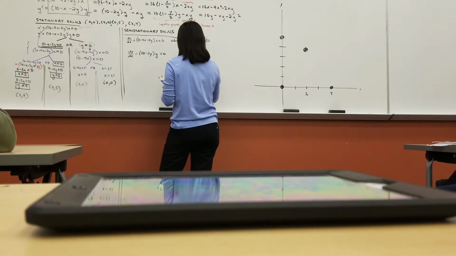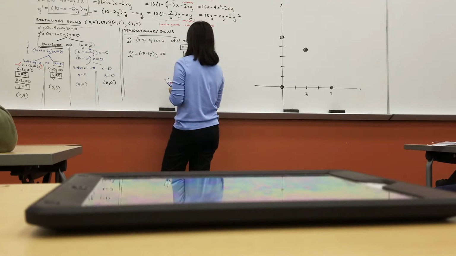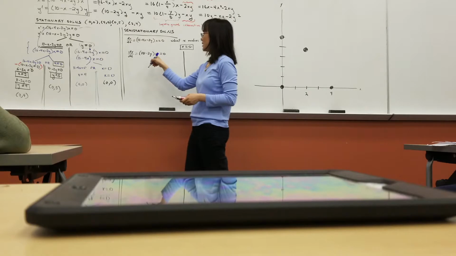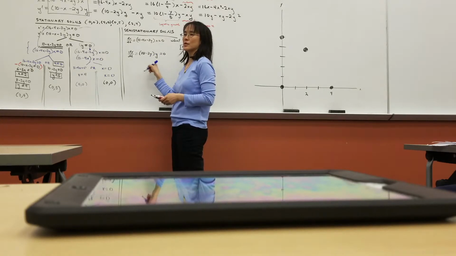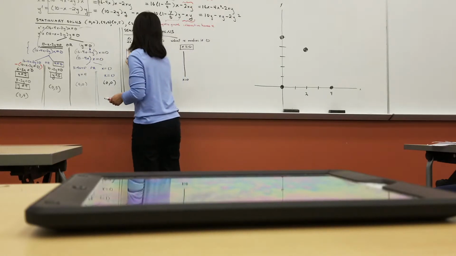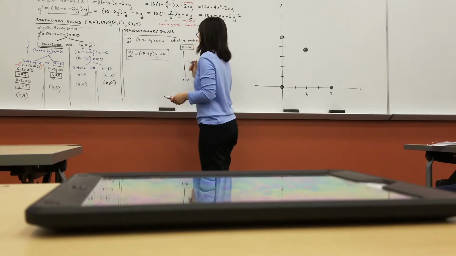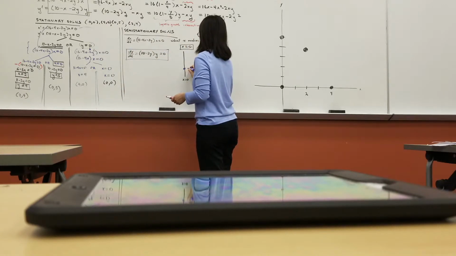If x is equal to 0, it looks like this, right? So now look at this and tell me, what are the stationary solutions to this one right here? 0 and 5. Y equals 0. Y equals 5.